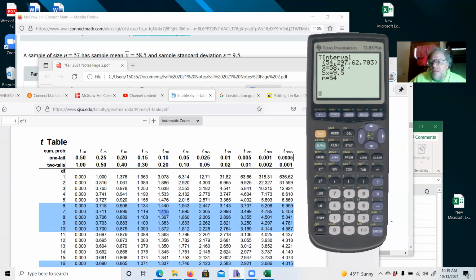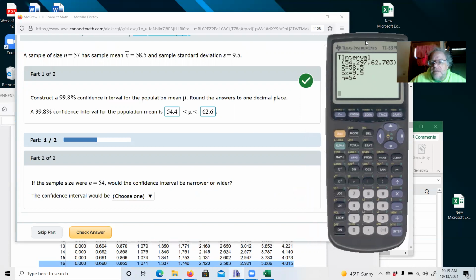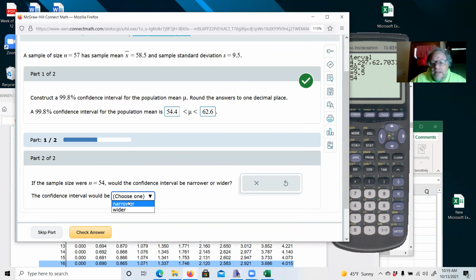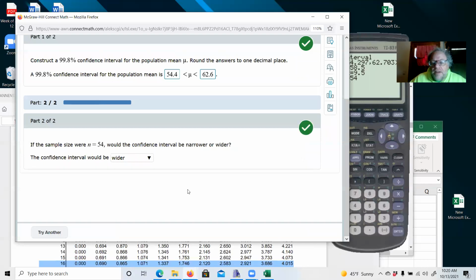We got 54.3 to 62.7. So it wasn't much, but it got a little bigger. So the interval is a little wider, and we're okay with that.